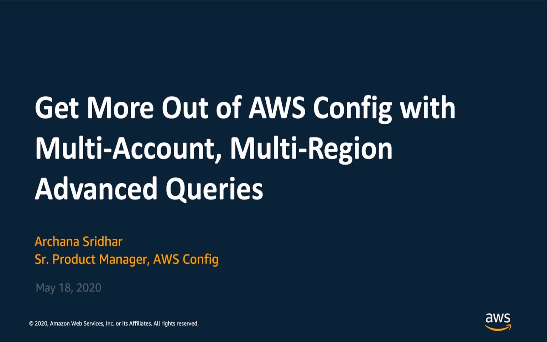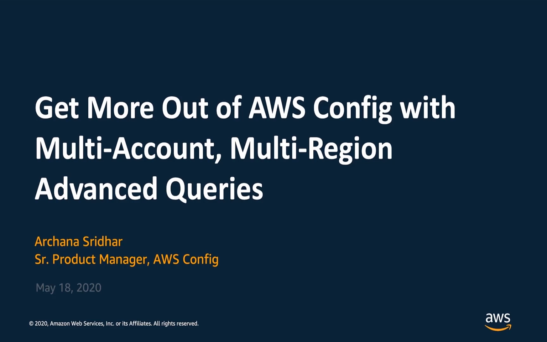I'm a Senior Product Manager with AWS Config. Today, we are going to talk about how to get more out of AWS Config with the multi-account, multi-region advanced queries capability. Here's what I'd like to cover today. We'll first talk about the challenges of inventory management and configuration compliance management, and then discuss how AWS Config can be useful with its various features to address these two use cases.